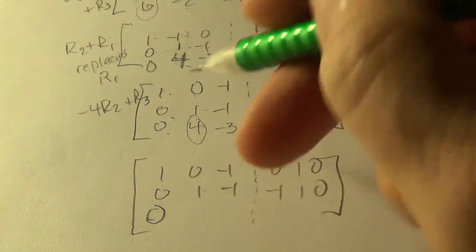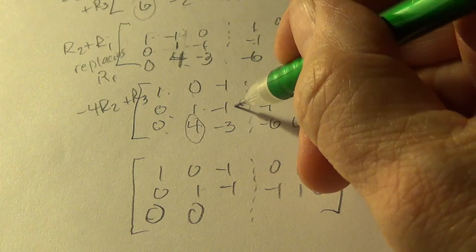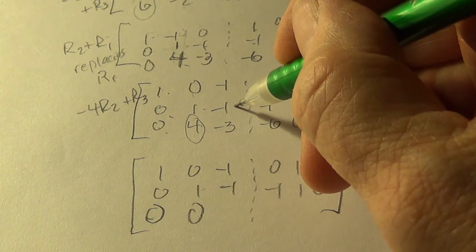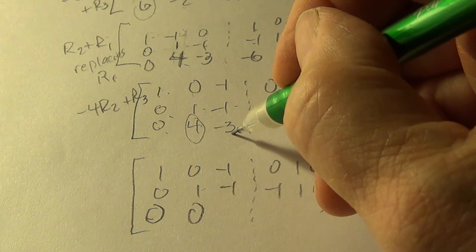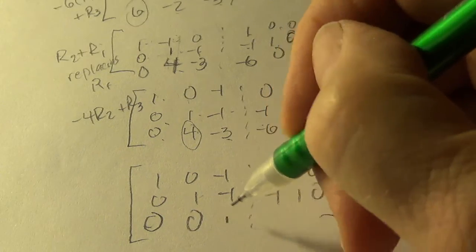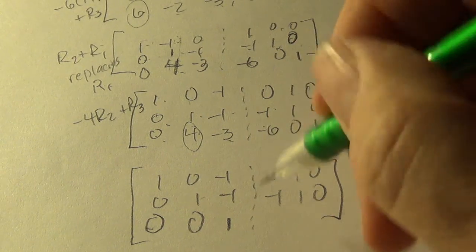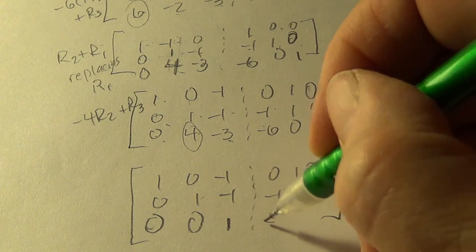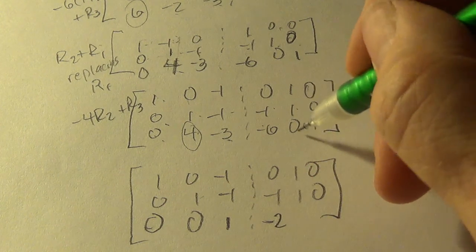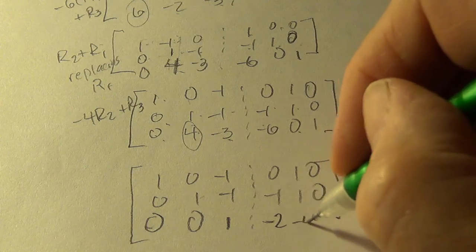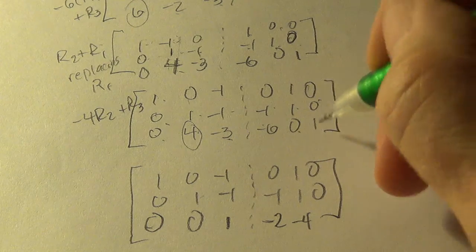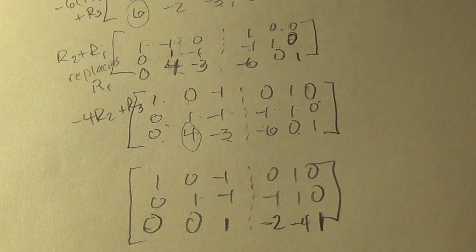So -4 times this is +4, and a -3 is a 1. -4 times that plus that, -4 times that plus that, and -4 times that plus that. Okay. Not too much more to go.